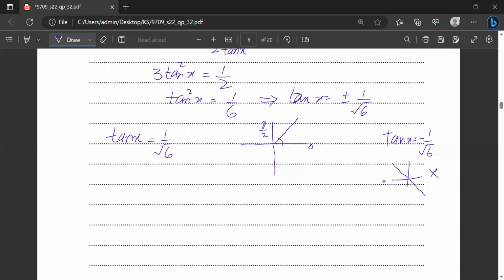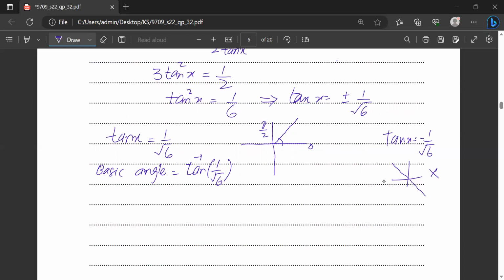From tan x equals 1 over root 6, you may find the answer. Draw the quadrant diagram and write the basic angle, which is tan inverse of 1 over root 6. Don't forget to change your calculator to radian mode.